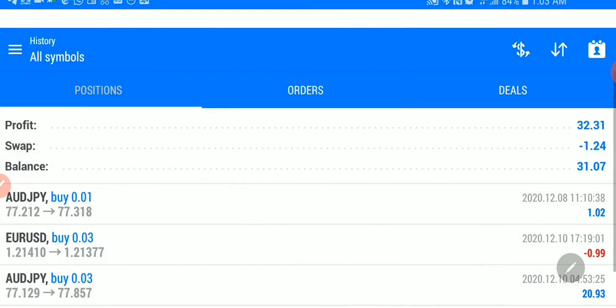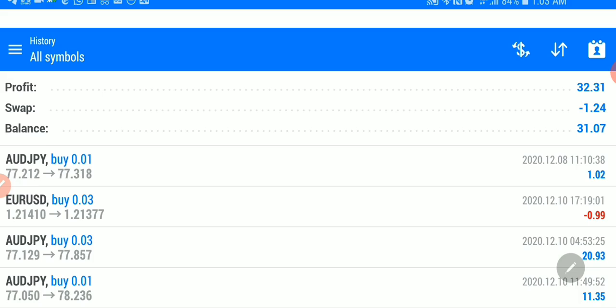Announced it here. So Aussie yen, I took the 0.03 lot for a scalp for that day, and I closed in partials, meaning that I closed 0.02 first, then I closed the full position later on in the market. And this 0.01, I let it ride.